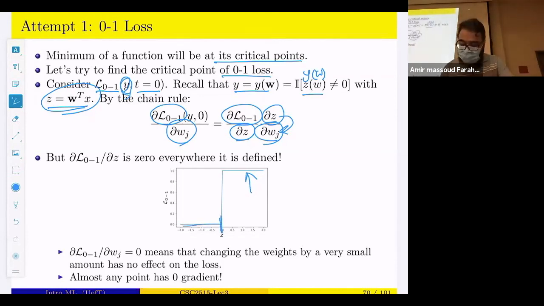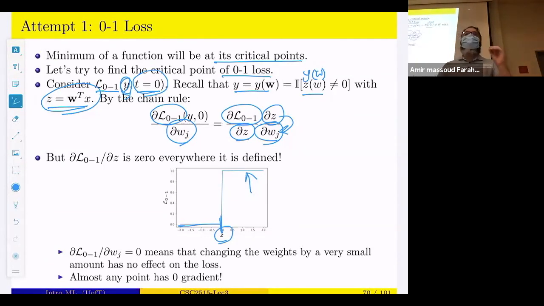And when the z's are negative, the loss function would be 0. Remember that here I assume the target is 0. So if z's are negative, which is the correct case, there wouldn't be any loss. If z's are positive, there would be a loss, and the amount of loss would be +1. So this is the loss function as a function of z.